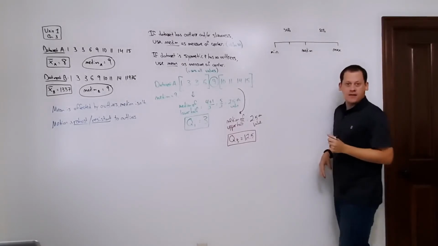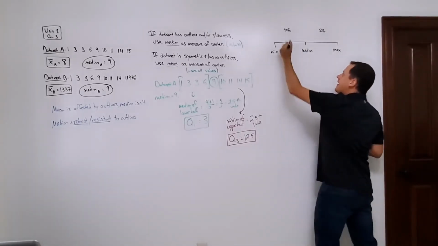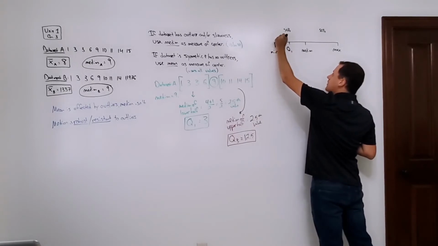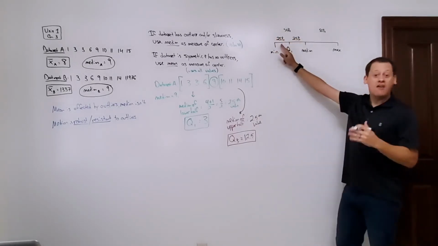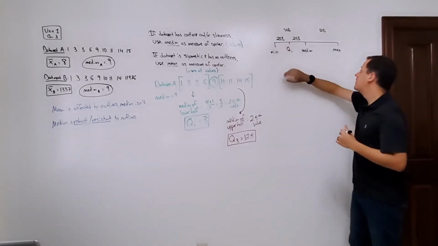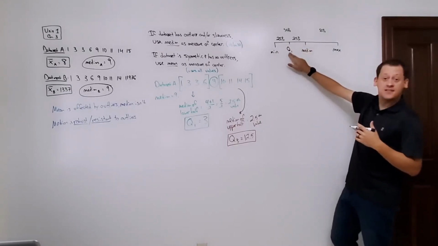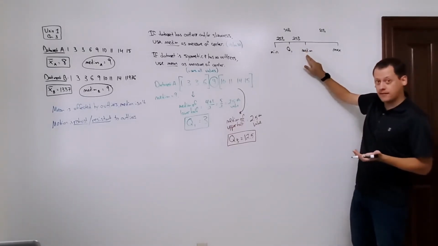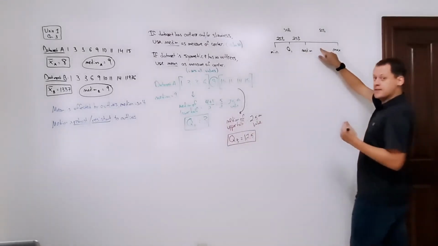So the number right in the middle of those 2 is Q1. And that splits this into 25% each. This is 25% of the data values. 25% of the values in the data set are between the minimum and Q1. 25% of the values in the data set are between Q1 and the median. Q3 does the same thing on this end.